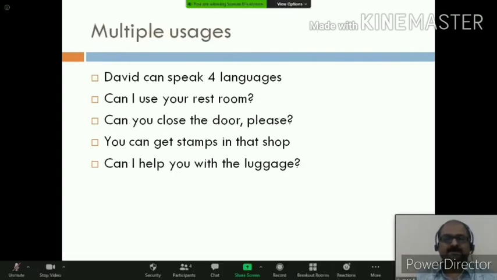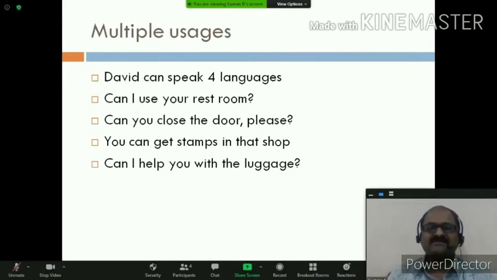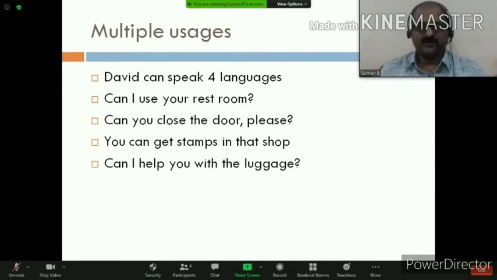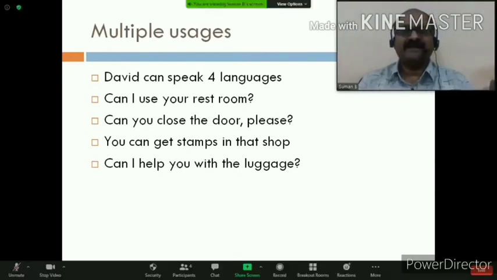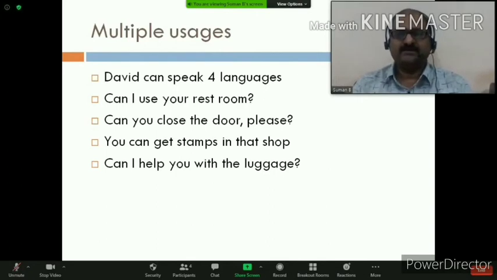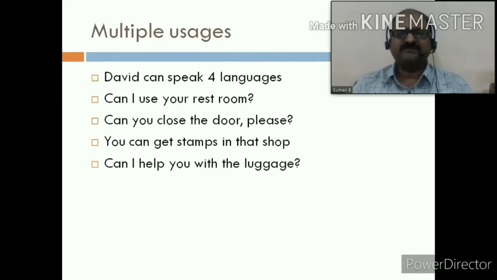Next. We started our discussion by saying can is the most basic and important form to express the function of ability. But is can always used to express abilities? This is a very, very important question. Can also has a lot of other multiple usages.